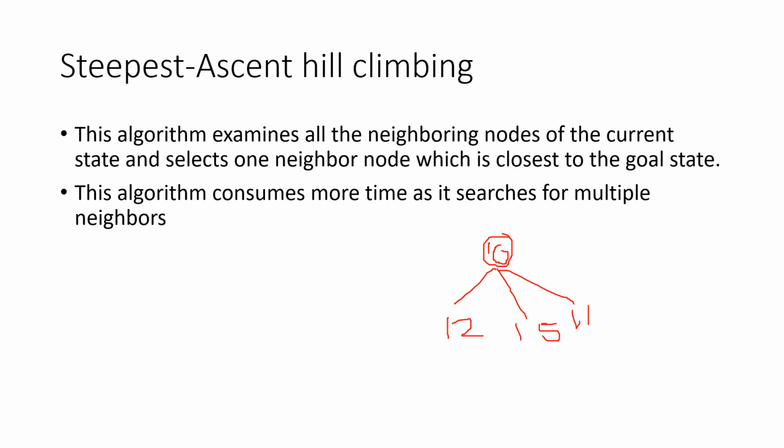Unlike simple hill climbing, which picks the first better neighbor, steepest ascent checks all neighboring states. It compares all neighbors and chooses the one with the highest improvement towards the goal. That is why it is called steepest ascent: it finds the steepest slope. Here it will check 12, 15 and 11 and choose the best improvement, that is 50.